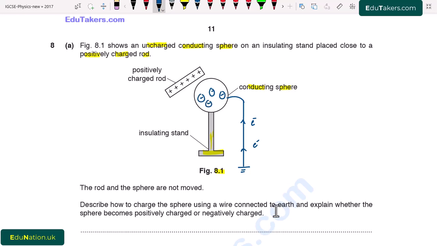Now when the electrons transfer to the conducting sphere, we have to remove the wire, that is the earth wire, or we can simply say that we have to disconnect the earth. So I erase this one, and also take away the rod from the sphere. So we can simply say that there are electrons on the conducting sphere.